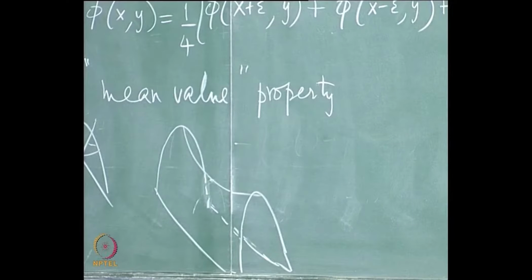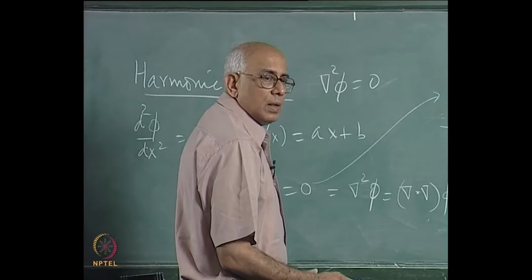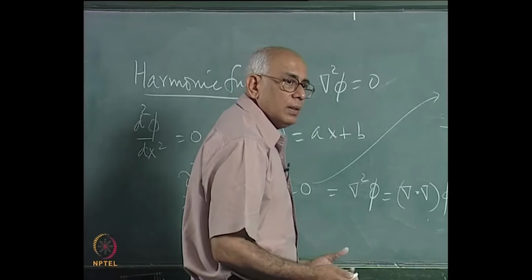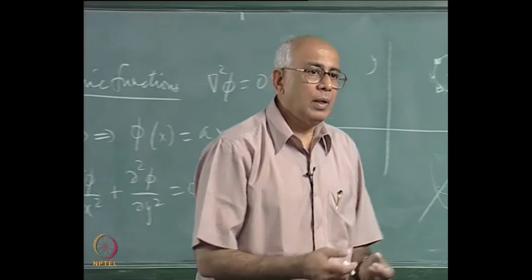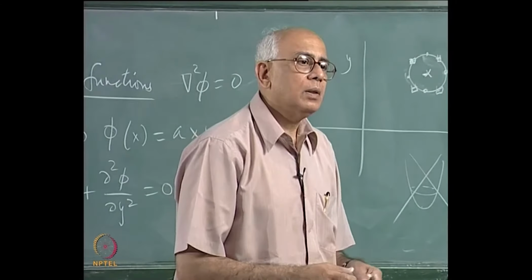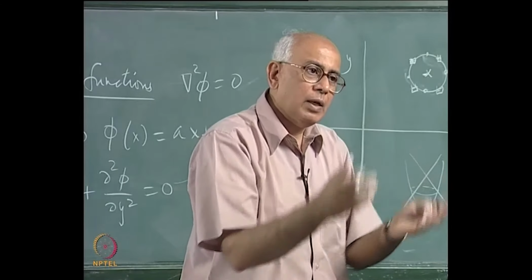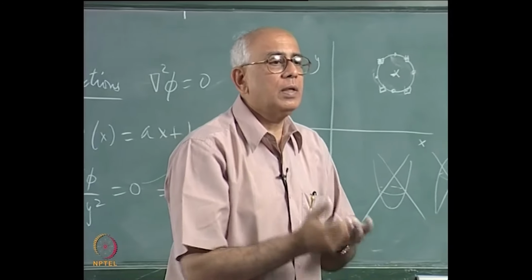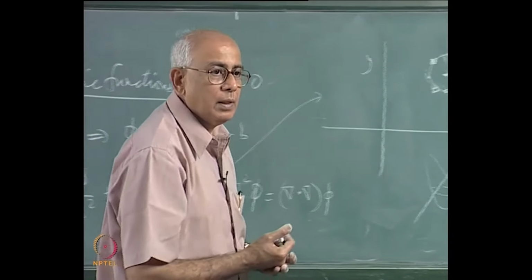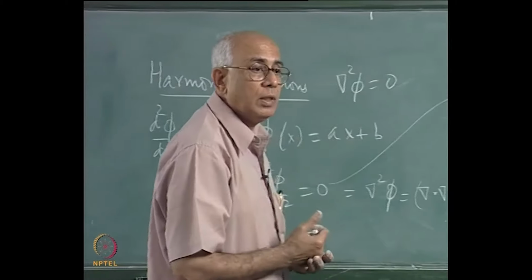The same thing is true in 3 dimensions. A harmonic function is one whose value at any point is the arithmetic mean of the values at all the points of a sphere surrounding this point, averaged over the area of the sphere.